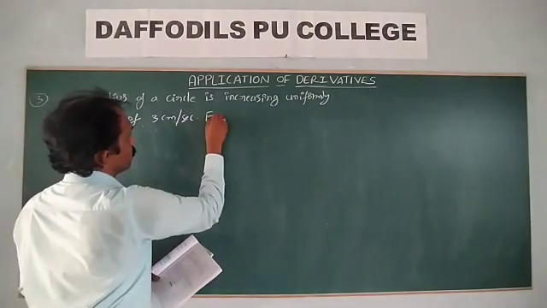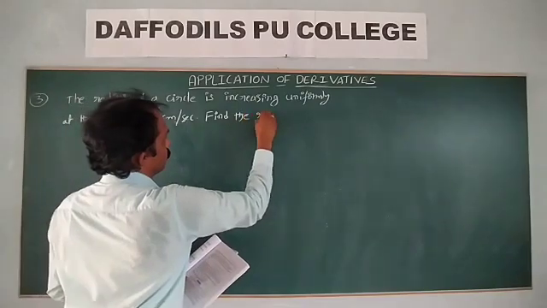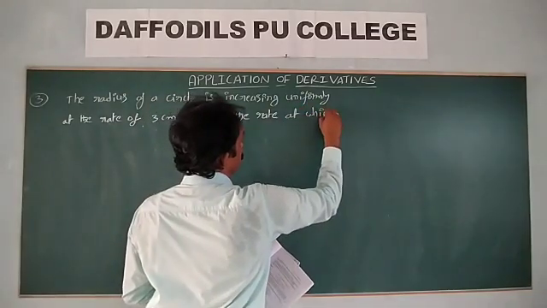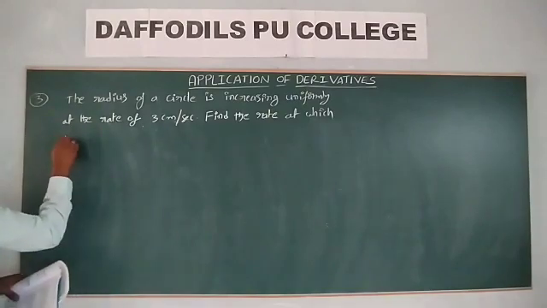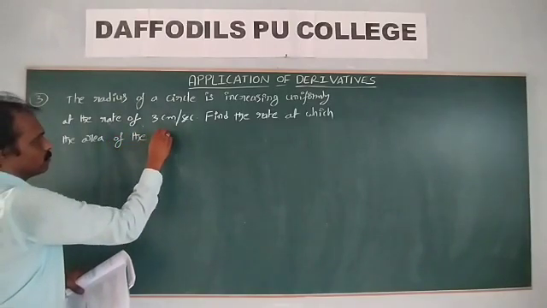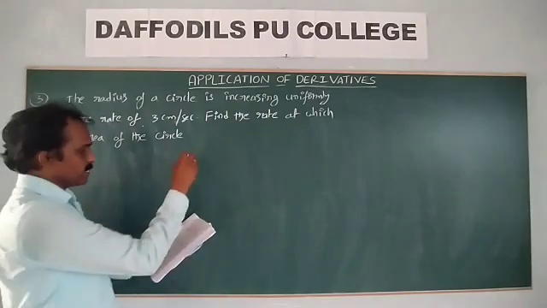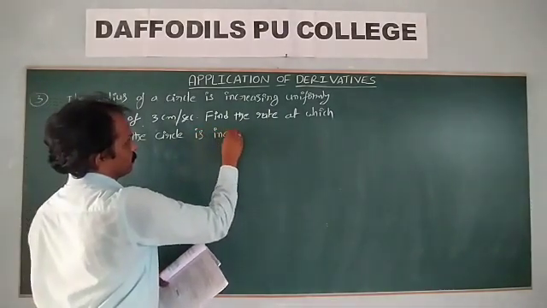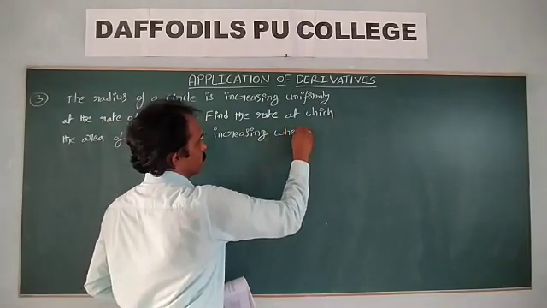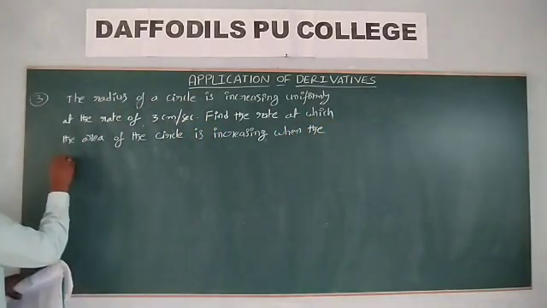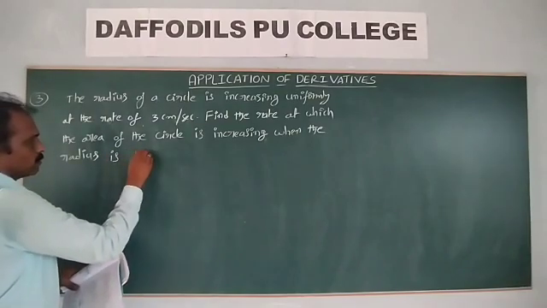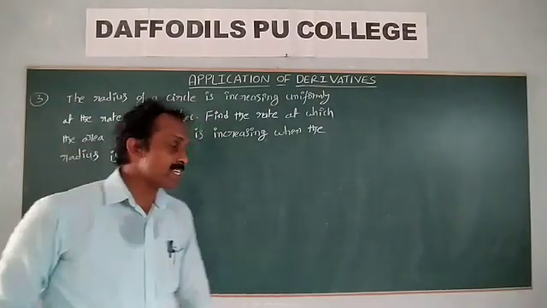Find the rate at which the area of the circle is increasing when the radius is 10 centimeter. When the radius is 10 centimeter.